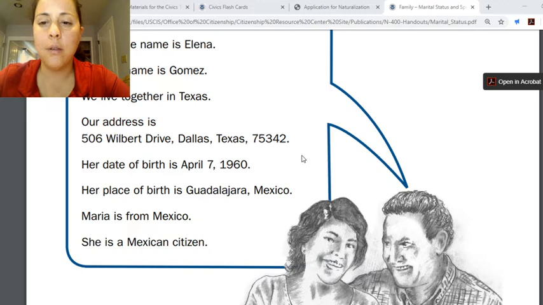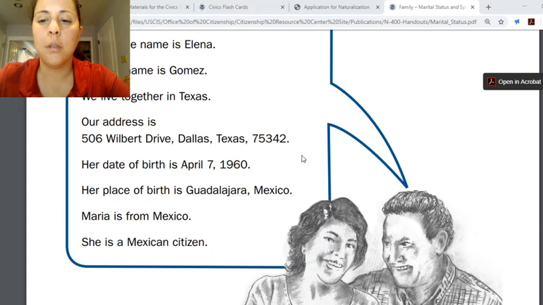Who is the husband? What is the husband's name? Carlos. Okay? What is his wife's name? Elena. Where do they live? Texas. What is their zip code? 75342.